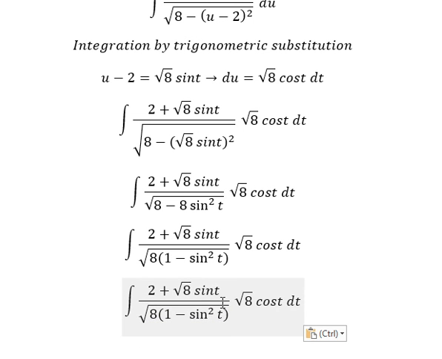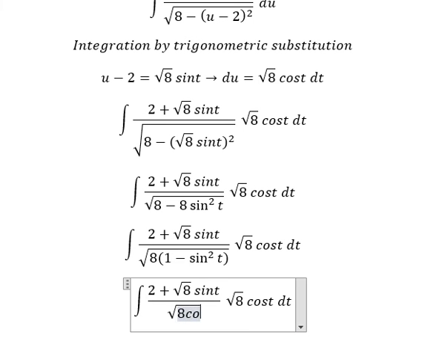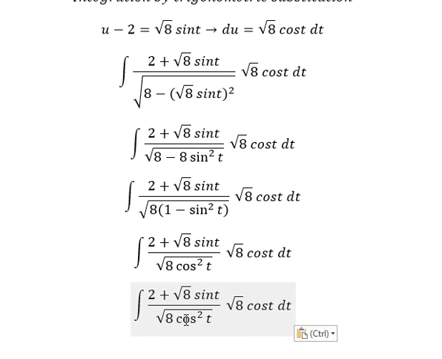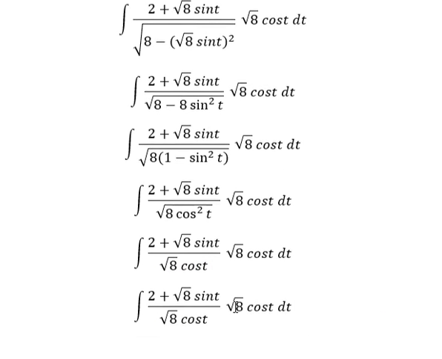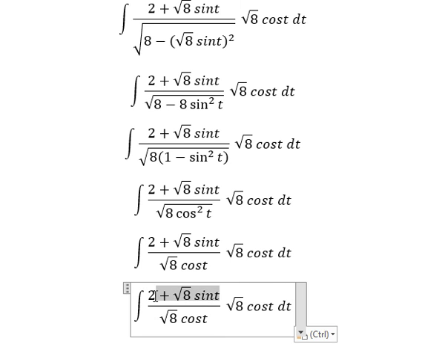One minus sine t square, we change to cosine t square. The square root of 8 cosine t square, you get the square root of 8 cosine t. Now we need to simplify, and you get this one in here.